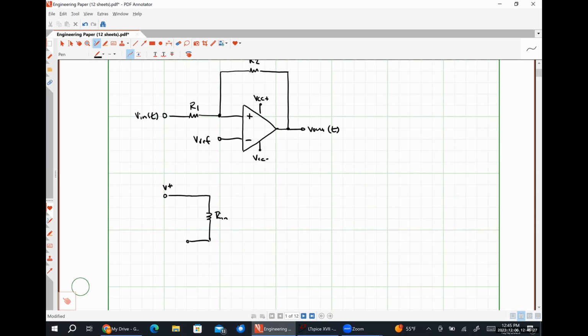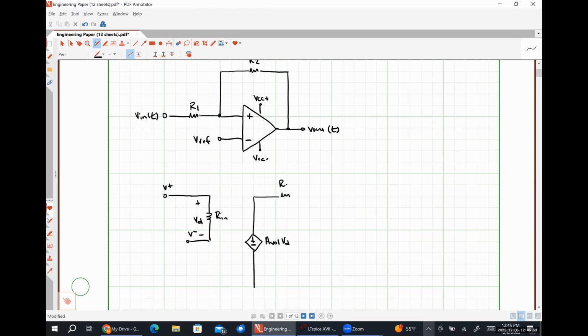This is my non-inverting input terminal. This is my inverting input terminal. Over here, I have my dependent voltage source, AVOL times VD, where my voltage VD is always defined as the potential difference between the non-inverting input terminal and the inverting input terminal.